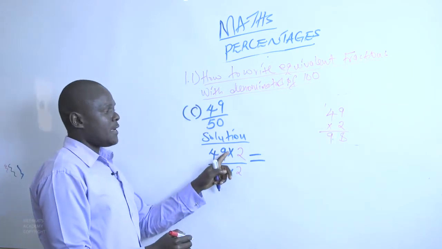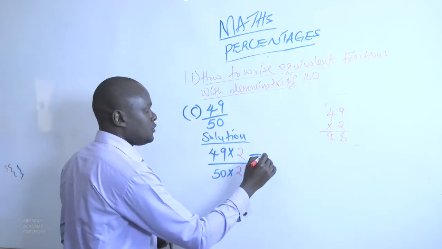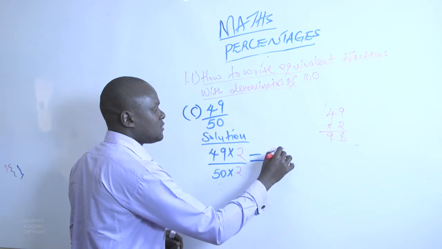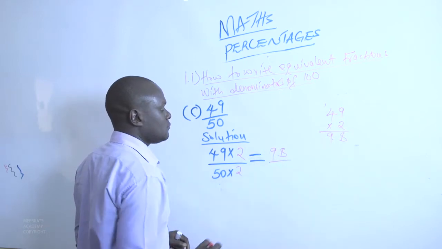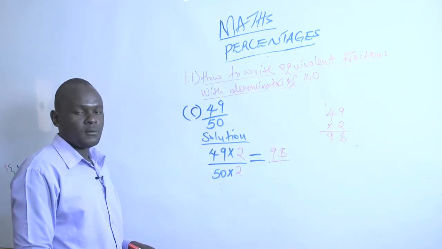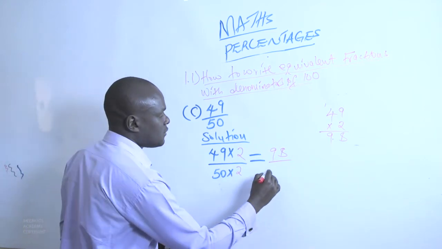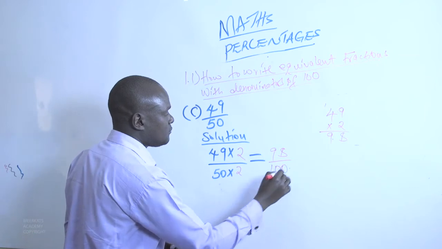So 49 times 2 will be 98. And 50 multiplied by 2 will give us 100.